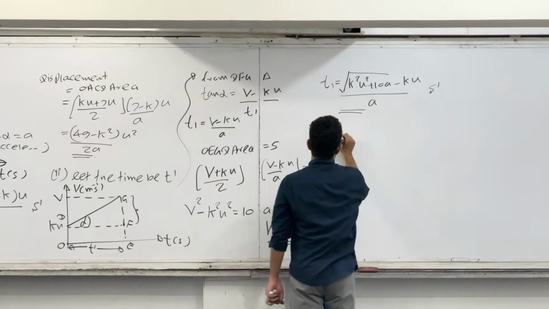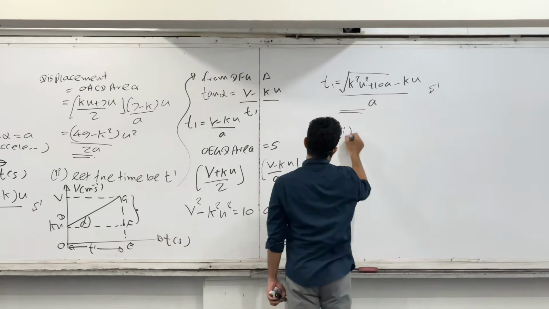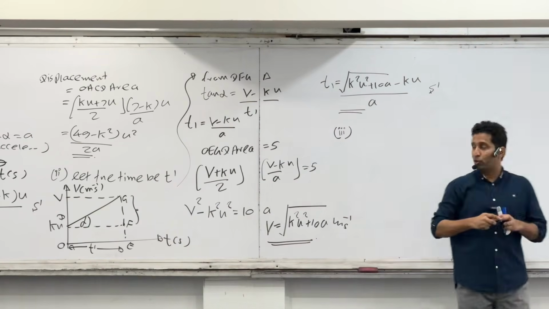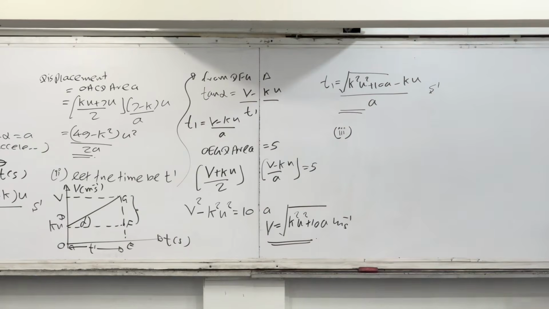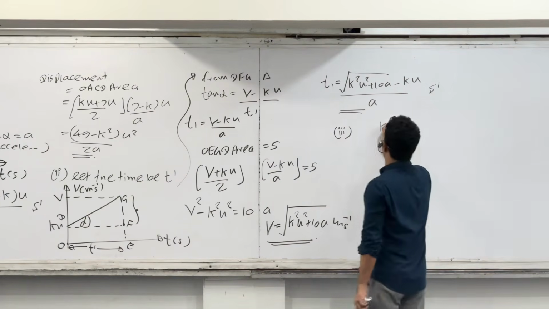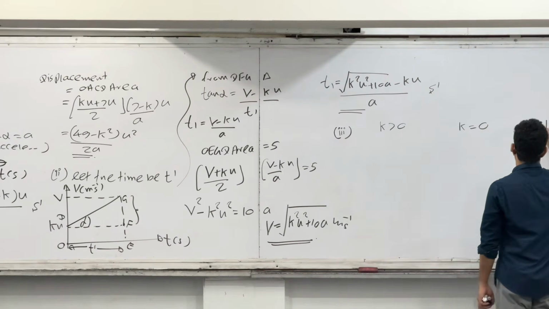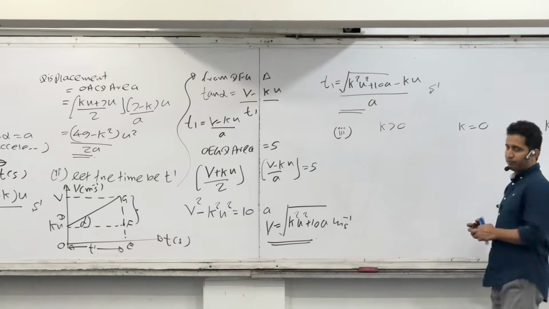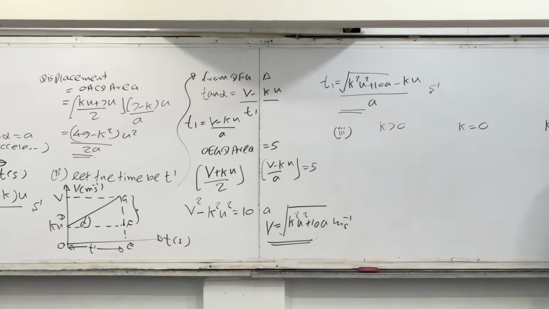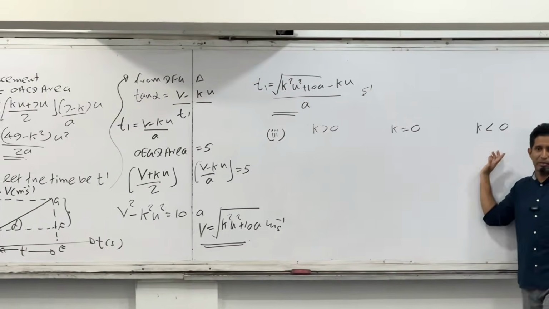On the third part, here they asked to draw the velocity time graph separately for when k is greater than 0, k equals 0, and k less than 0. Anyone of you got this one?